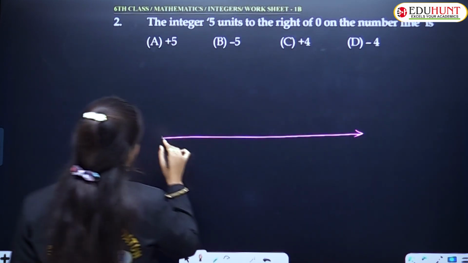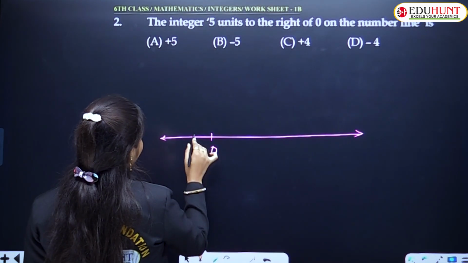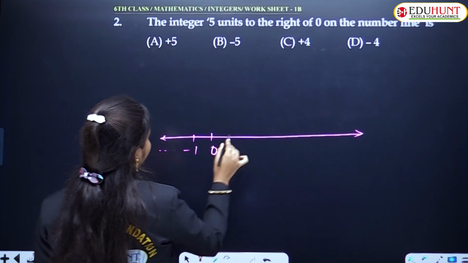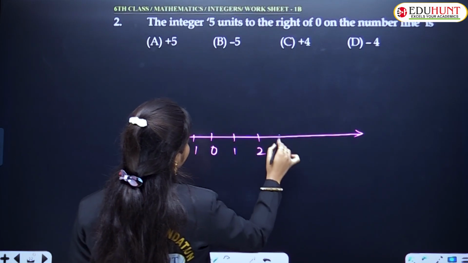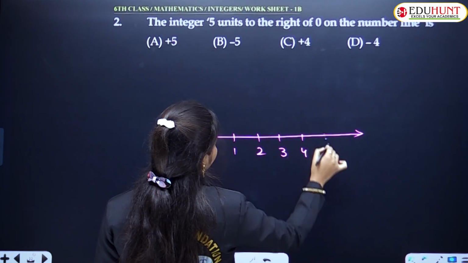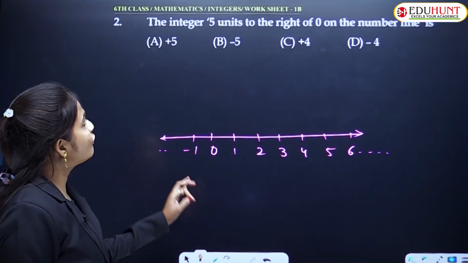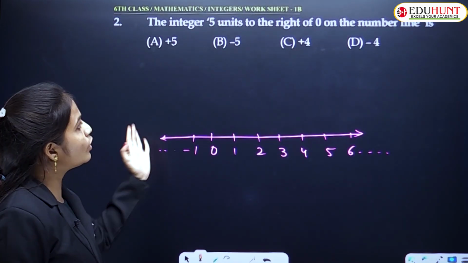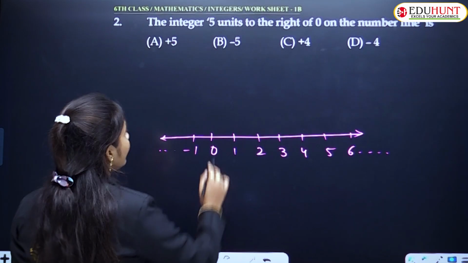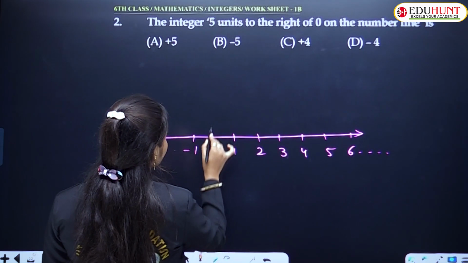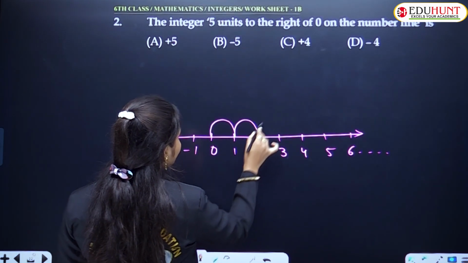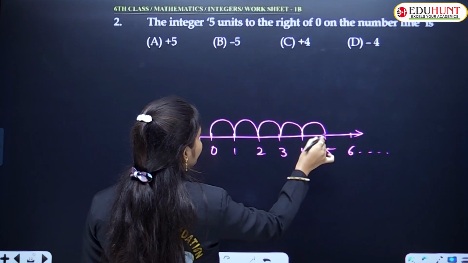Next, the integer 5 units to the right of 0, on the number line. See, here 0, -1 and so on, 1, 2, 3, 4, 5, 6 and so on. 5 units to the right of 0: 1, 2, 3, 4, 5.